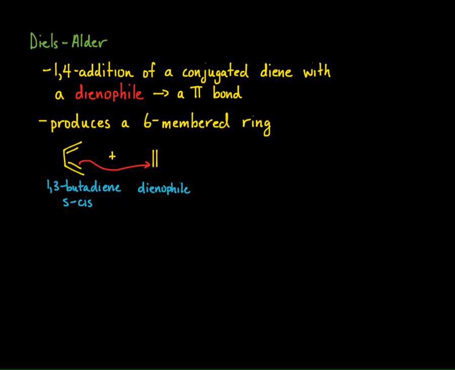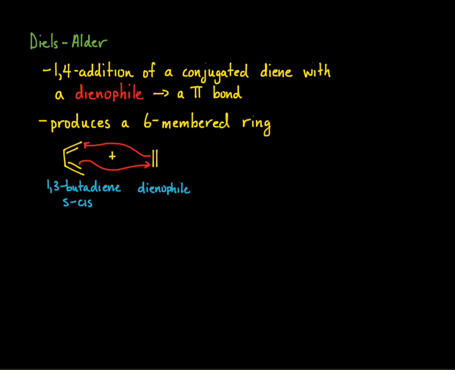Now, as electron density moves toward the dienophile, it becomes electron rich, which shifts it from an electrophile to a nucleophile, and at this stage it can then attack the butadiene at the 4 position.